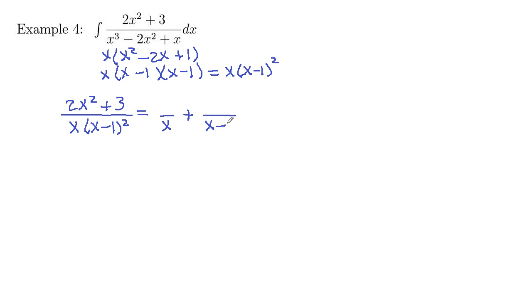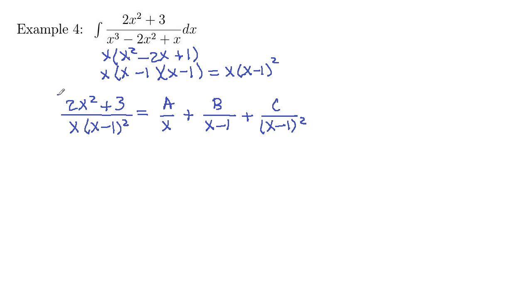One term will have an x minus 1, and the second term will have an x minus 1 squared. And then in the numerator, since these are all linear, these will just be constants. We'll call them A, B, and C.